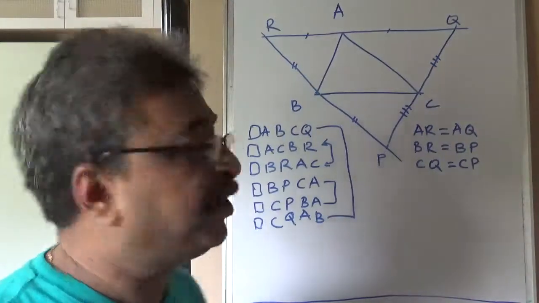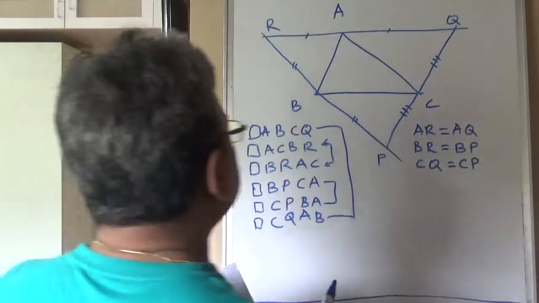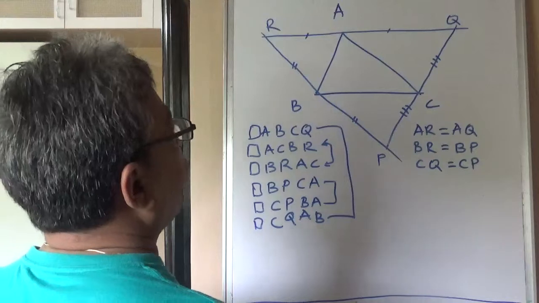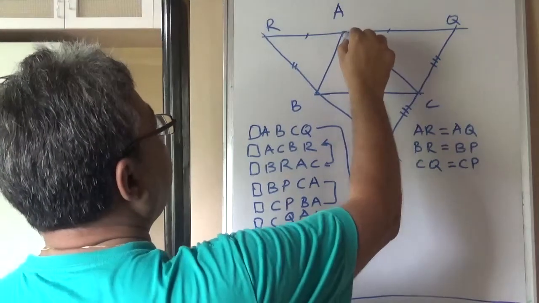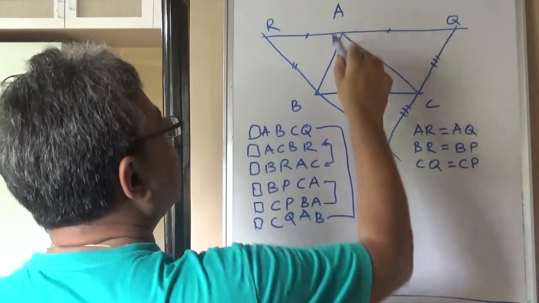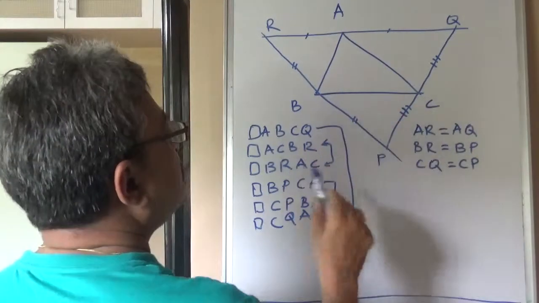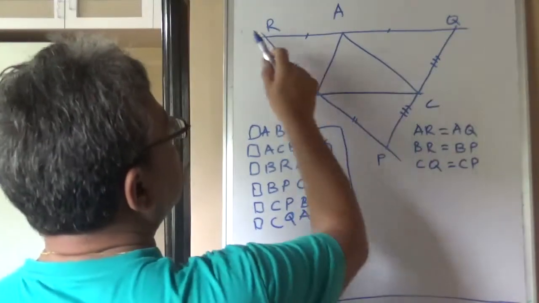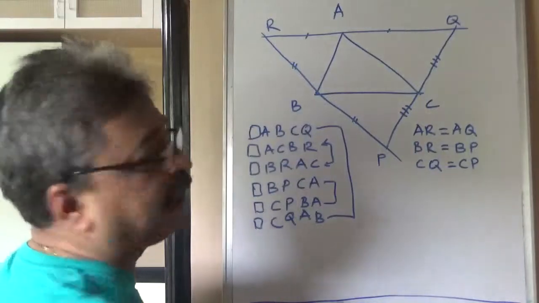So this is what the figure looks like now. When we draw the altitude, we draw a perpendicular through vertex A perpendicular to BC, but perpendicular to BC means perpendicular to RQ.